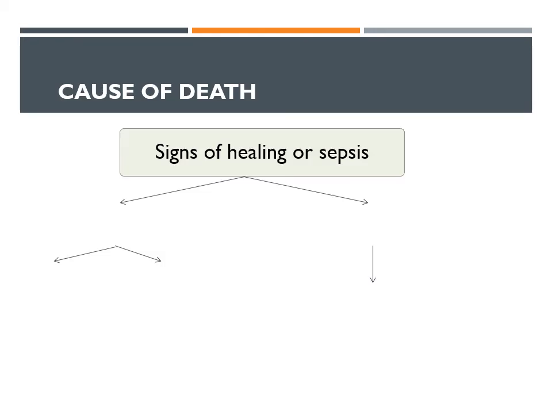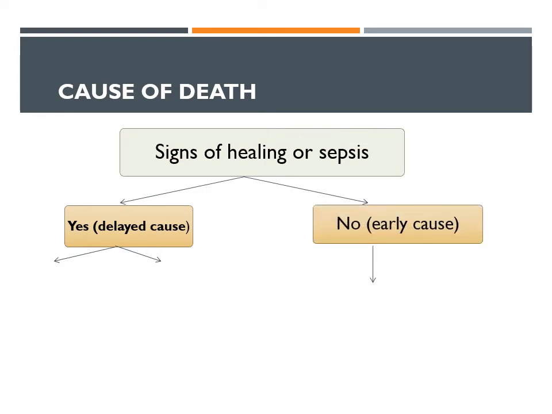At the point of cause of this. Cause of this depends on presence of signs of healing or sepsis. If these signs of healing or sepsis are present, so the cause of this is a delayed cause. If not present, so the cause of this is an early cause. What are the delayed causes of this?